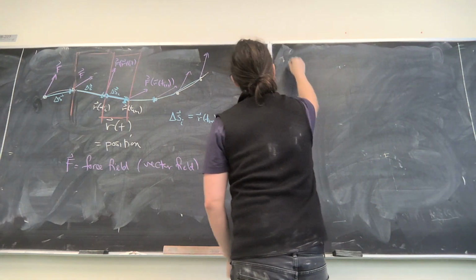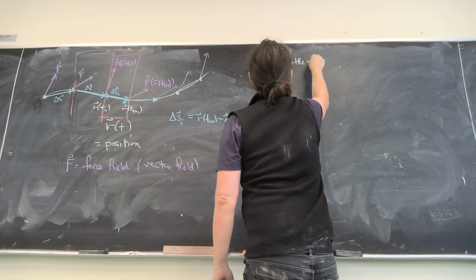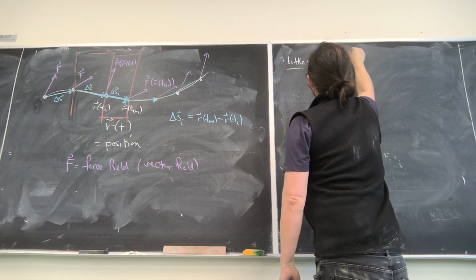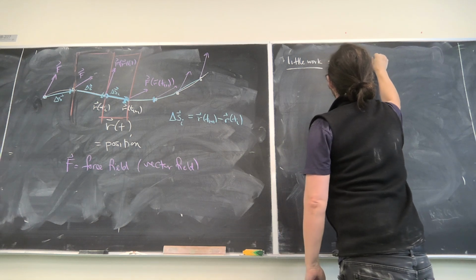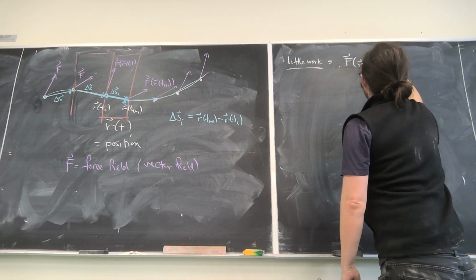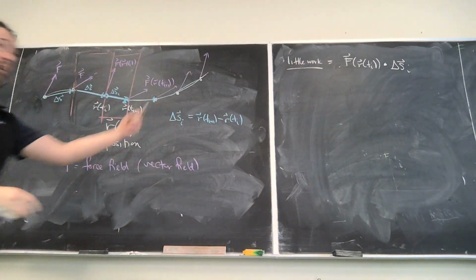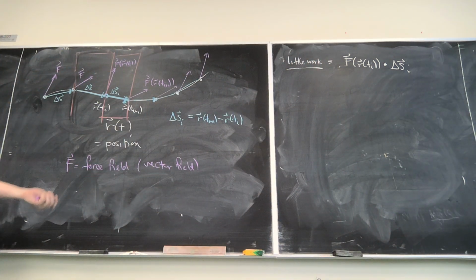Okay, so we're going to call that little work. Little work is equal to the force field at that specific point dotted with the displacement vector at that specific point. That's just F dot D. Work is equal to F dot D.